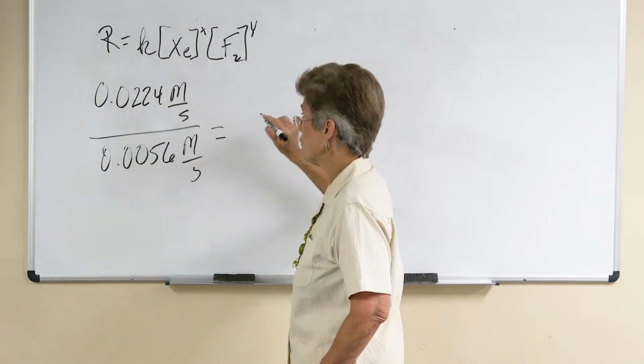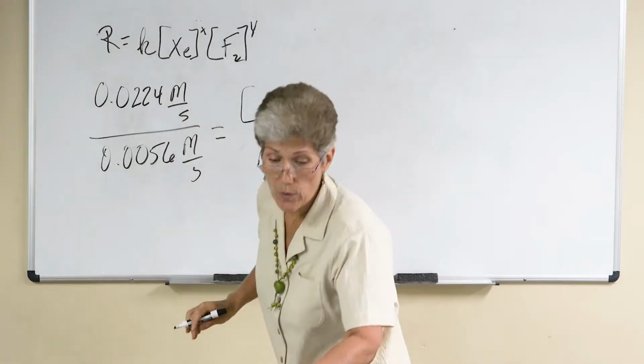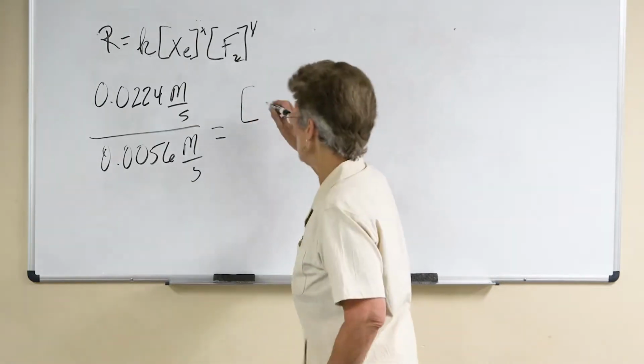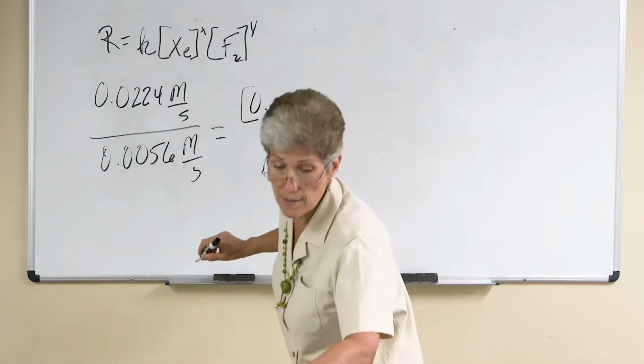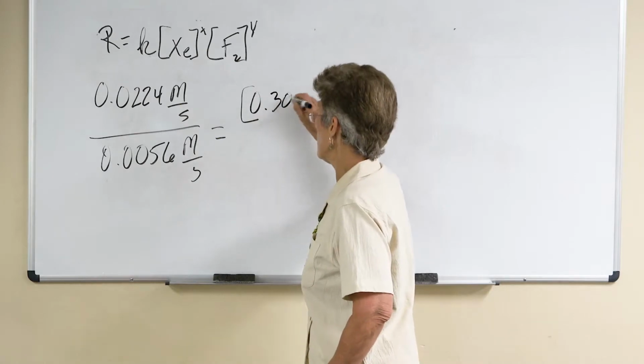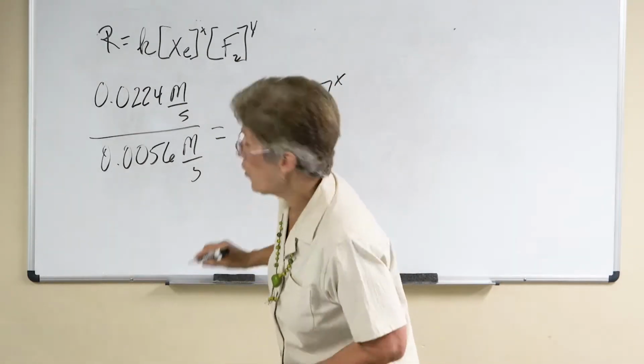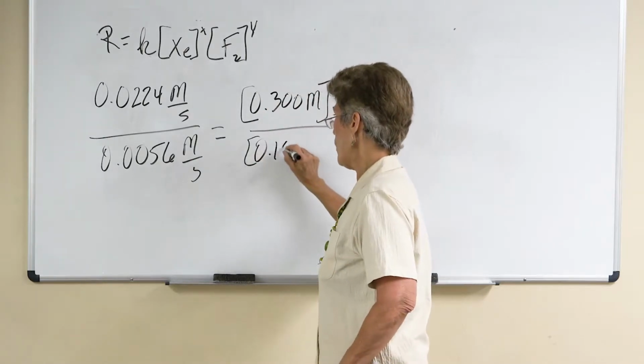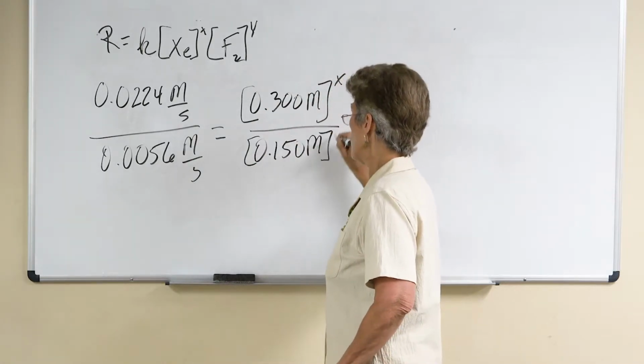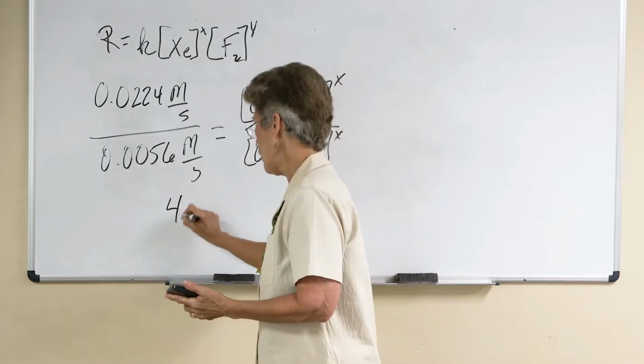So now we're going to look at the concentrations of those. In trial 2, the concentration for Xe is 0.300 molar to the X power. And on trial 1, it is 0.150 molar to the X power. This is 4.